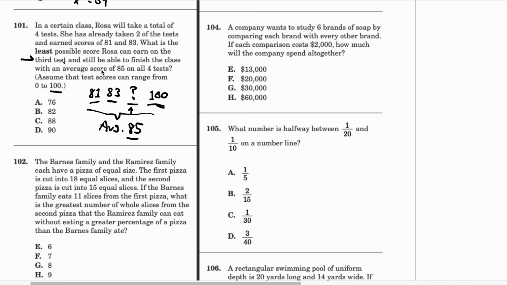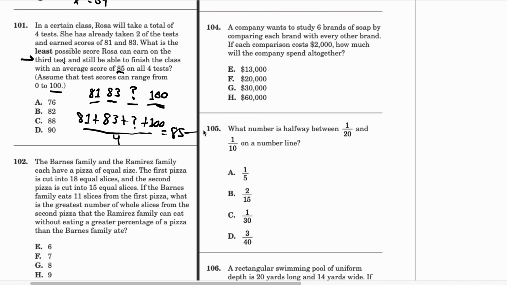Now this just becomes a question of solving for this question mark. So I'm going to clear up some space. Okay, I want the average of these 4 tests to be an 85. So therefore, 81 plus 83 plus question mark plus 100, over 4, is equal to 85.